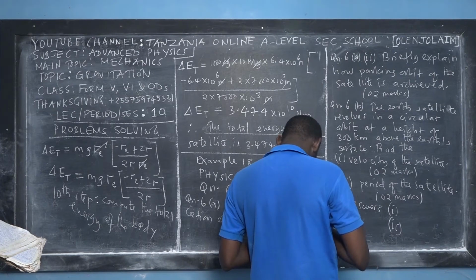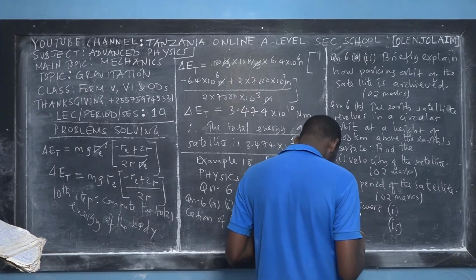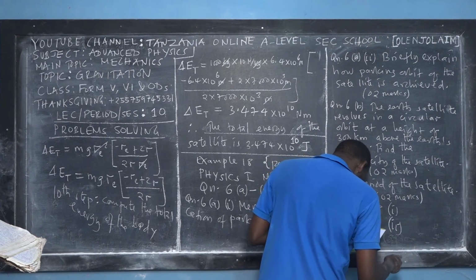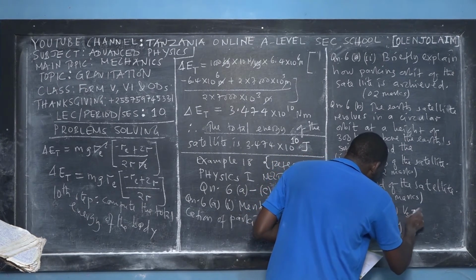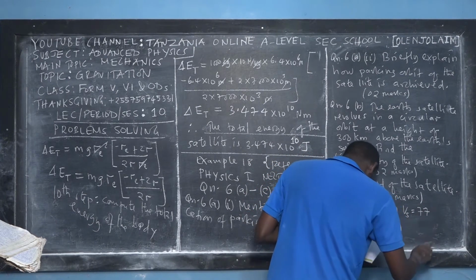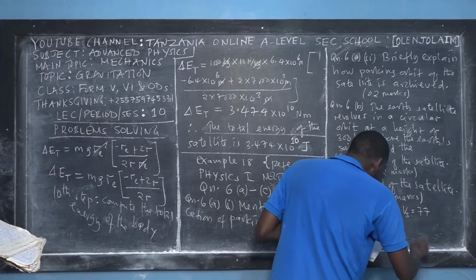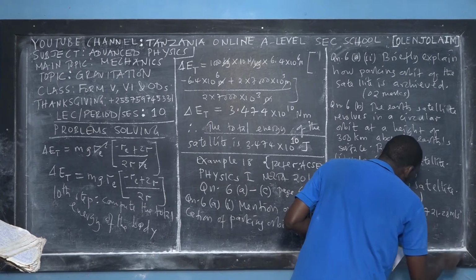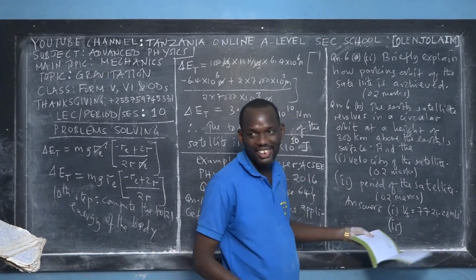So it is question number 6. The orbital velocity will be 7,721.28 meters per second, which is almost 8,000.